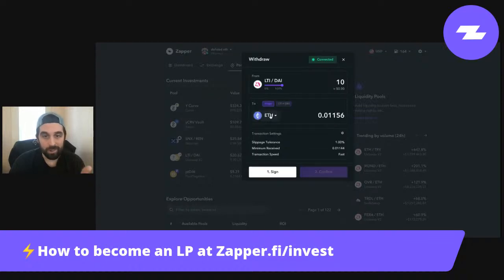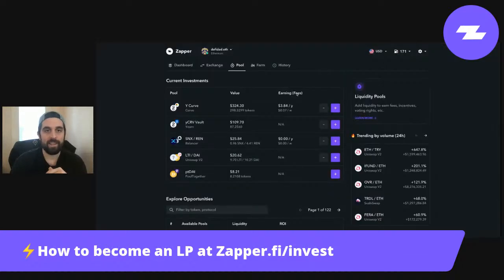Or I could withdraw it all into something like Ether, or I could withdraw it into something like DAI. So it just gives you a lot of flexibility. Instead of me having to enter with 2 different tokens in a specific ratio, I can enter with any token with any amount. So anyways, that's how we enter into a liquidity pool.